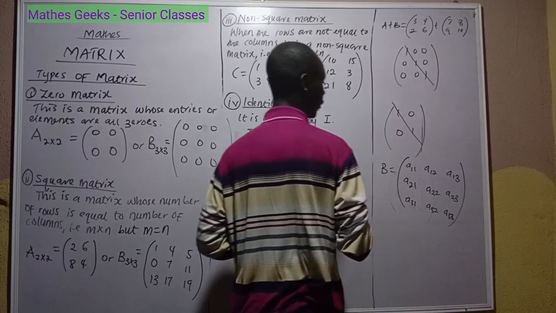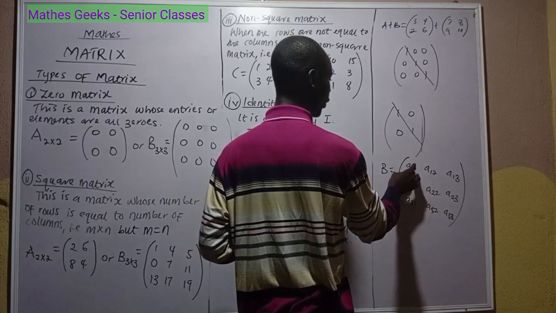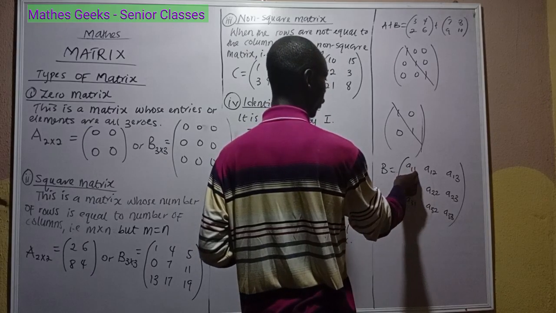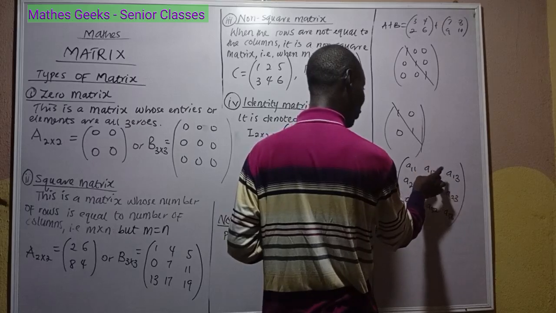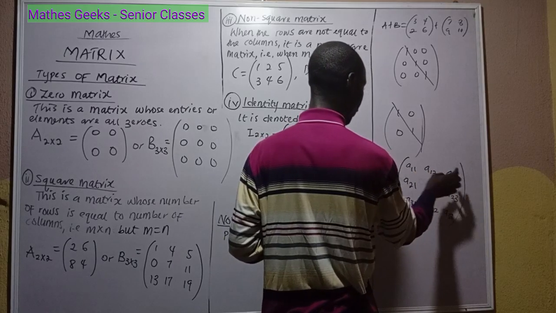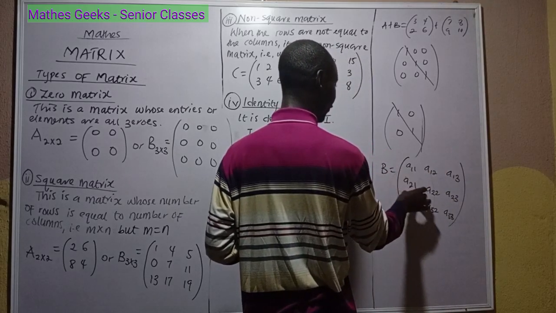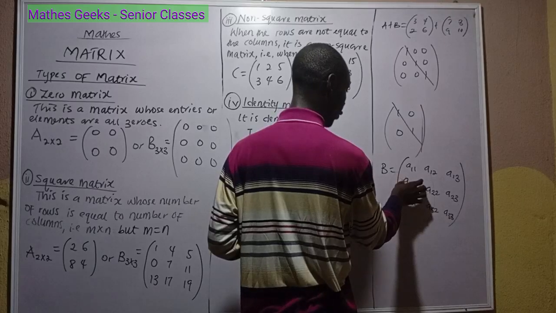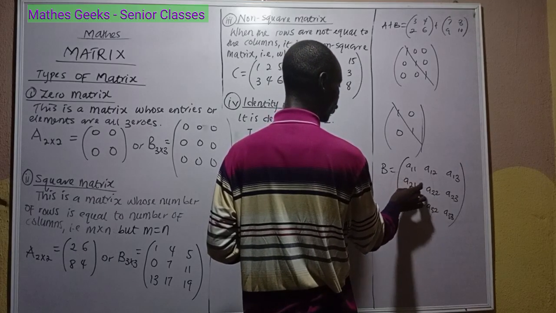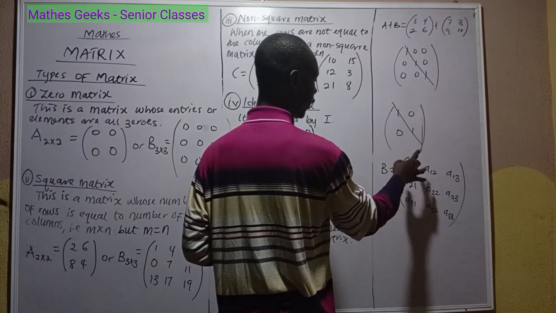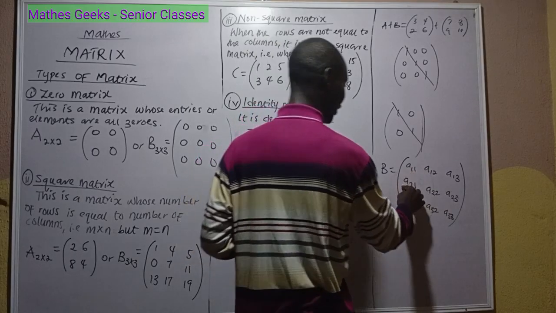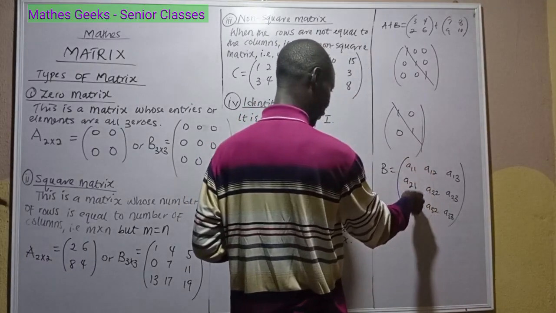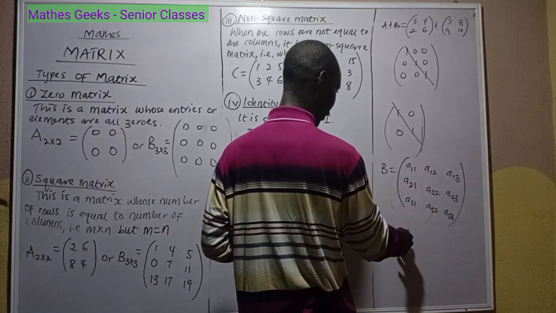What it means is that E11 is first row, first column. This one is first row, second column, and first row, third column. The position of this element is second row, first column. Of course, when you look at it, it's the second row, and this is the first column. So that's what it implies.